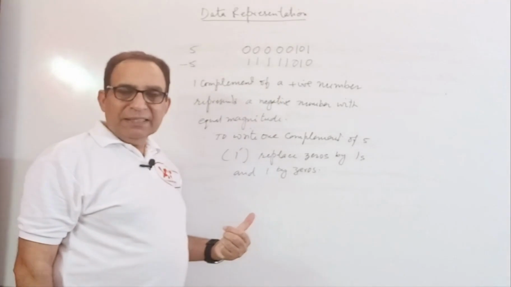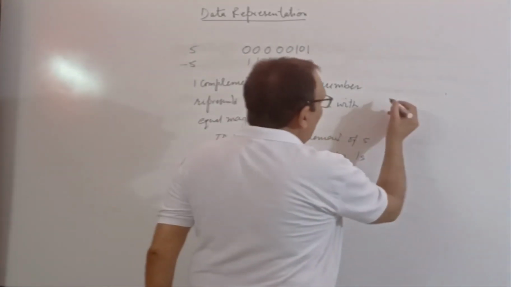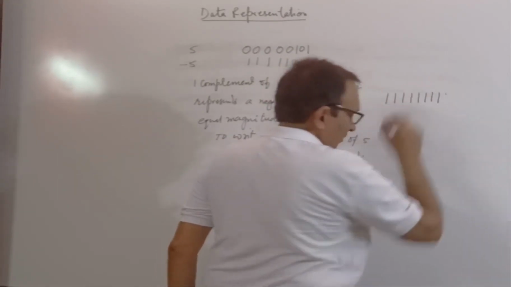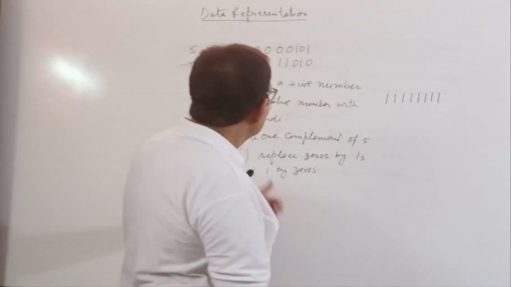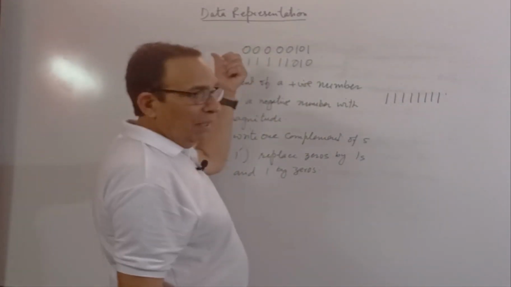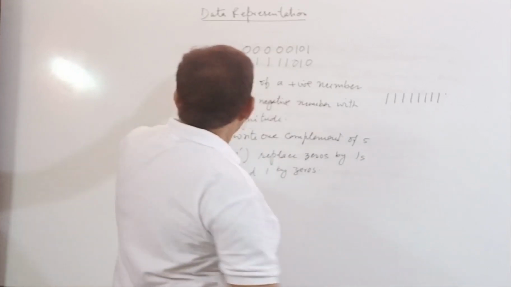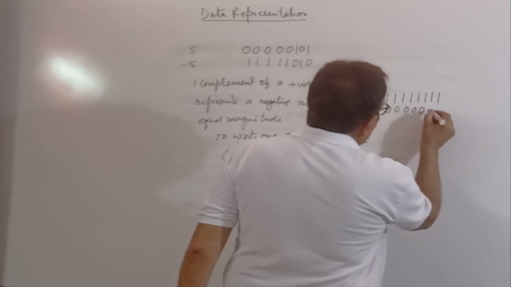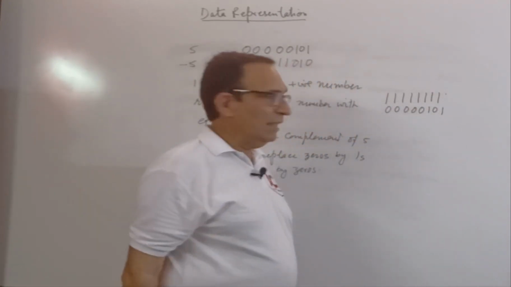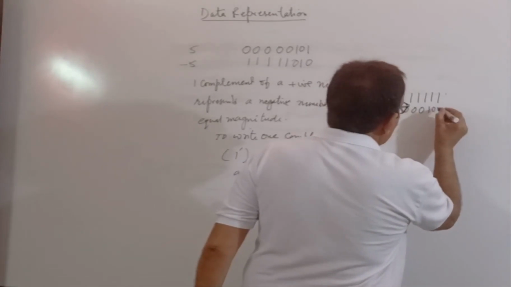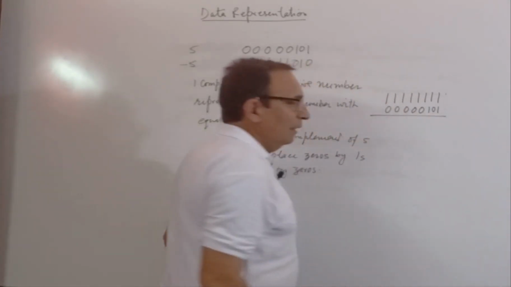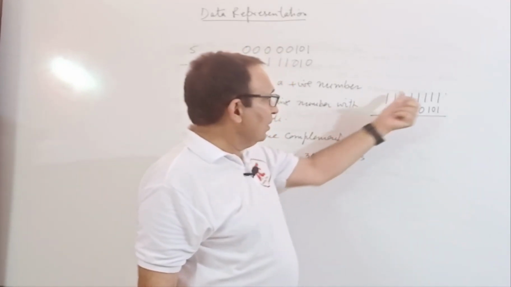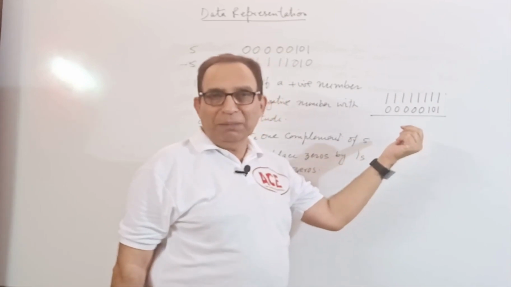So this represents -5. Now let us see how we can find out the complement of a number. We are talking about an 8-bit system. So write 8 times 1, that means 1, 2, 3, 4, 5, 6, 7, 8. And under that, write the number of which you have to find the 1's complement. Let us say 5. Here it is. I write it exactly under it. Subtract the given number from this set of ones and you will get the 1's complement.